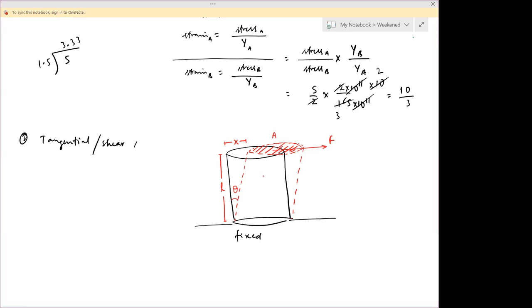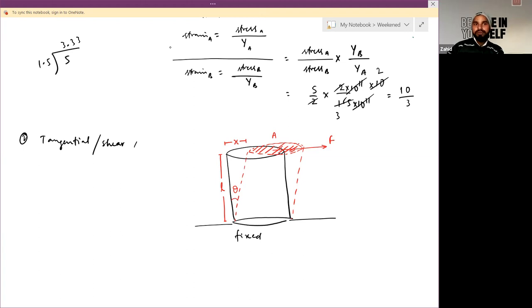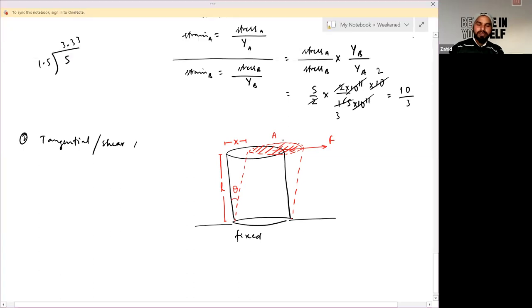Yes, sir. So in this part, I've just applied a force tangential to this particular surface, and its base is fixed by a rigid support. So it will get slightly deformed along its inclination, let's say by some angle theta.